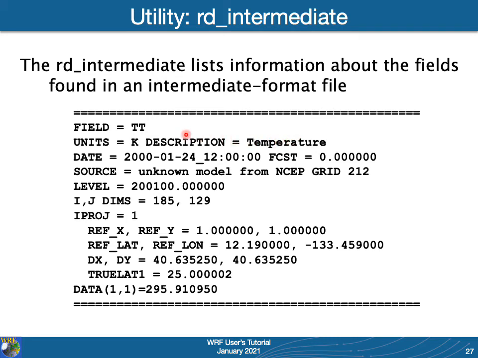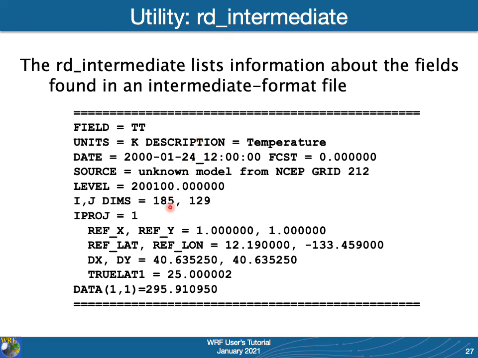The valid time for this temperature field is 2000 January 24th at 12 UTC. It's from forecast hour 0 of some NCEP model, and this temperature field happens to be at level 2001. And if you recall from earlier in this lecture, 2001 is the code that's used in the WPS to indicate surface data. So this represents a surface temperature field.